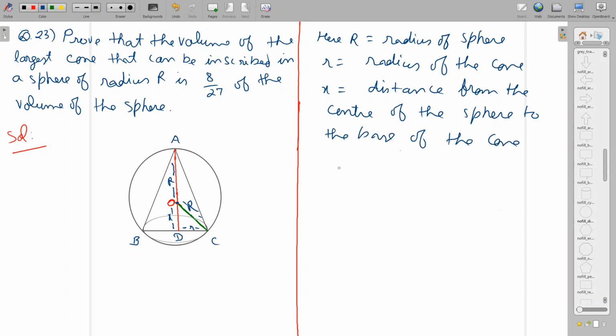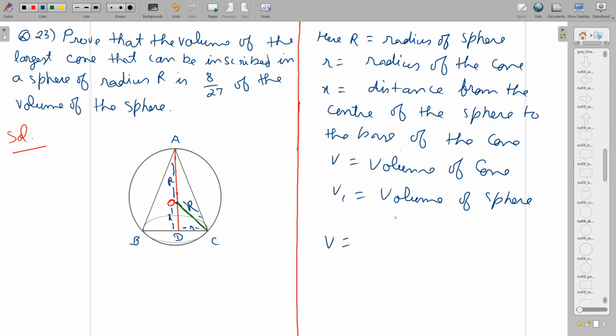So that is x, and let V equal to volume of cone, and let V1 equal to volume of sphere.